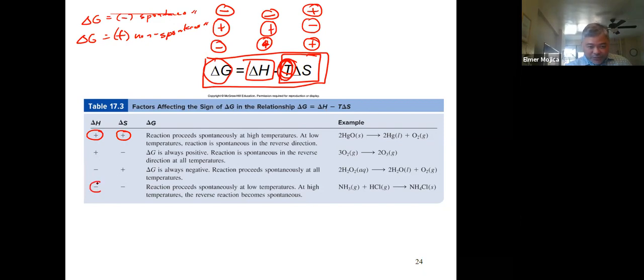But if you have both of them as negative, then it depends on the value of T. The reaction would proceed spontaneously at low temperature, but at high temperature, the reverse reaction becomes spontaneous. So those are the type of questions that you usually get in your quizzes and exam.